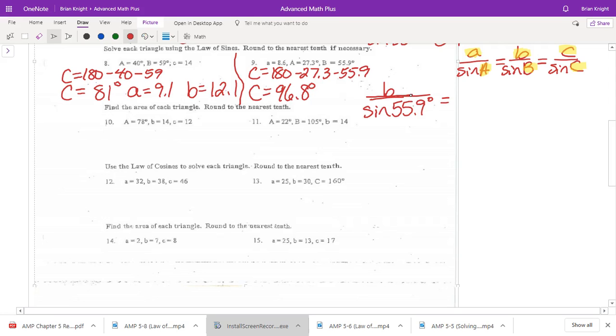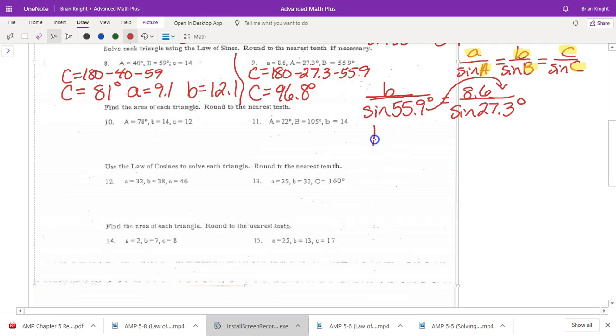All right. Sine B over the sine of 55.9 degrees equals, we know a. a is what? 8.6 over the sine of big A. That doesn't sound right. And what do I do with the sine of 55.9? I can't talk today. What do I do with this?